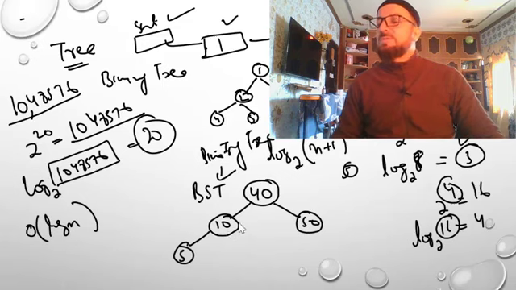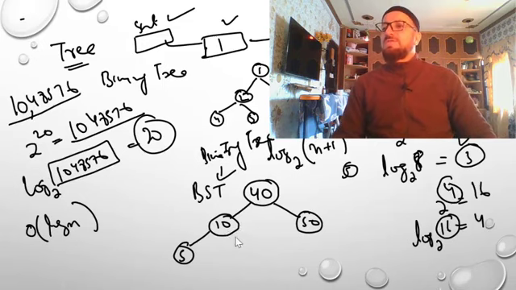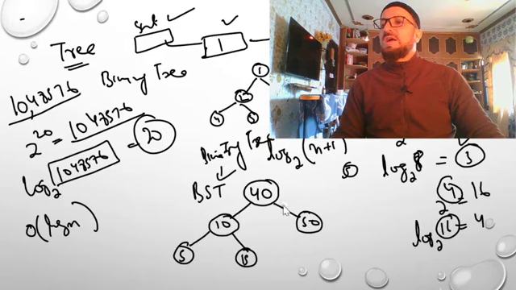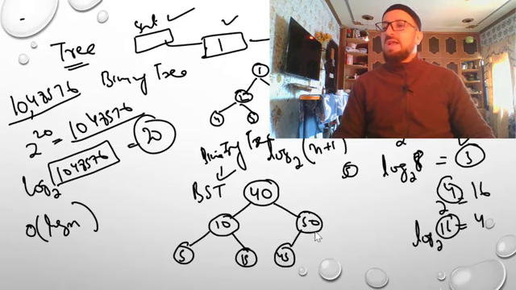Now say 15 comes in. 15 is lesser than 40, so go to the left. Now 15 is greater than 10, so go to the right. Same way, say 45 comes in. 45 is greater than 40, so go to the right. Now 45 is less than 50, so it will be here. And if it is 55, it will be here.